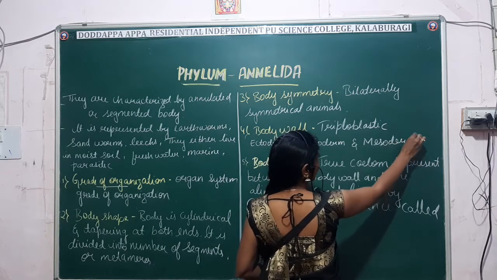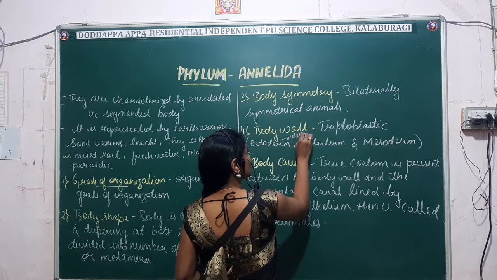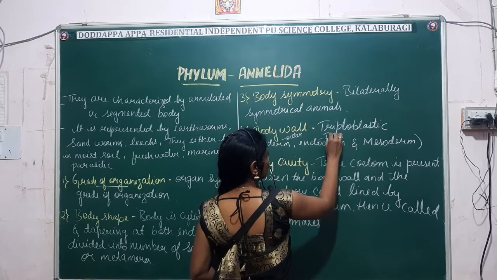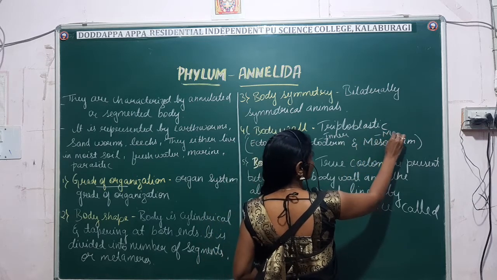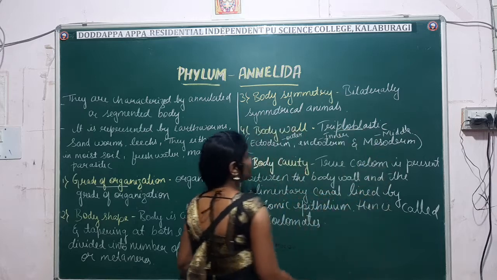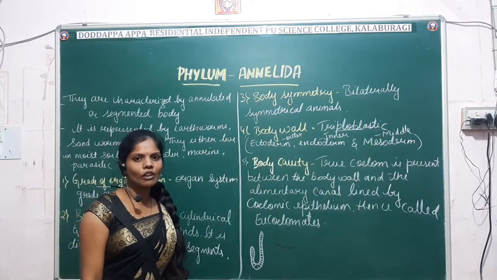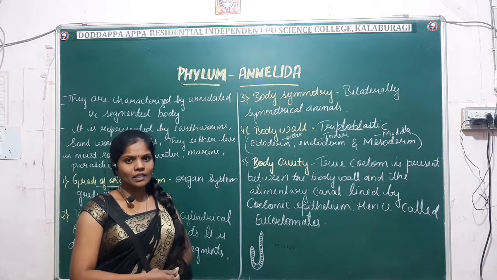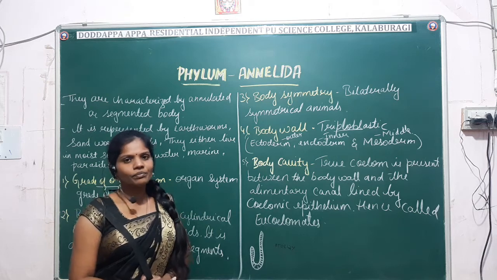You already know where all these 3 germ layers are present. The outer layer is the ectoderm, the inner layer is the endoderm and the middle layer is the mesoderm. So in the body wall, Annelida are triploblastic animals with 3 germ layers, outer ectoderm, middle mesoderm and inner endoderm.